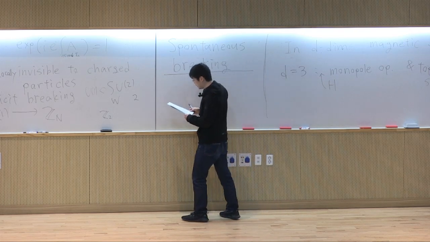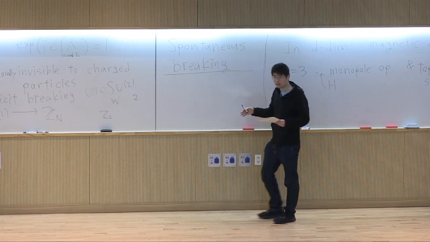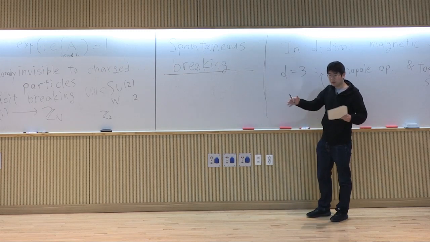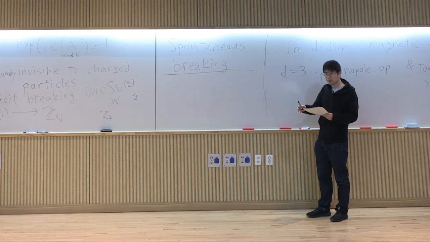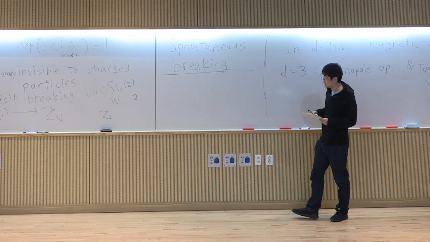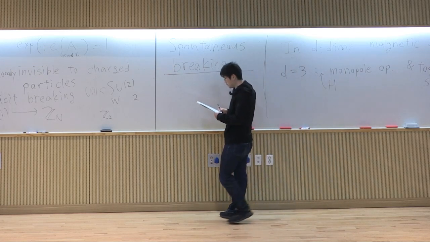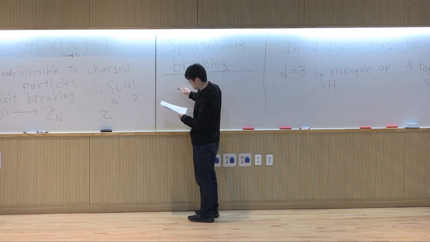If the vev vanishes in the limit of very large size, then the symmetry is unbroken. But if the vev of the operator remains non-zero, then the symmetry is broken. So let me write more explicitly.